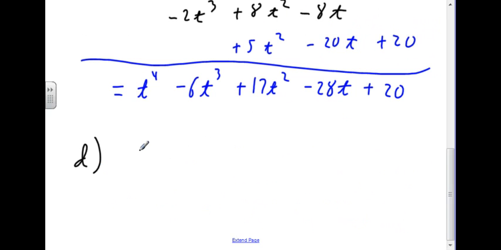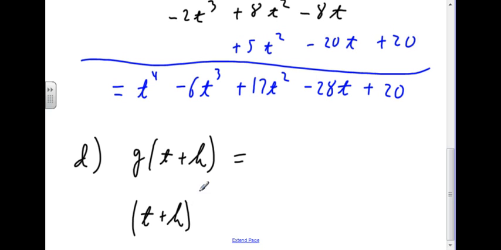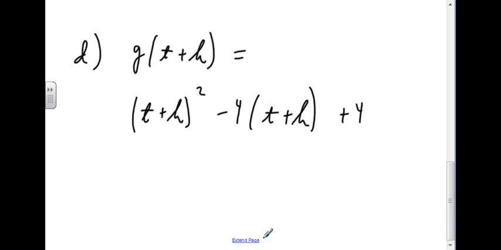D. I've got g of t plus h. All right, so that's going to be t plus h squared minus 4 times t plus h plus 4. Now what is h? I mean, you know, it comes after G, right?